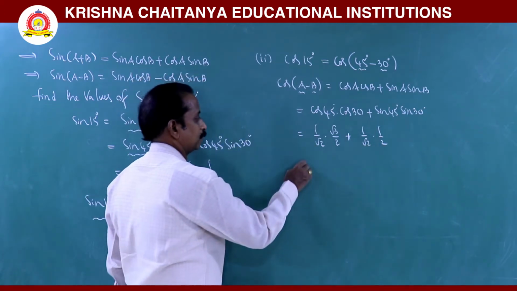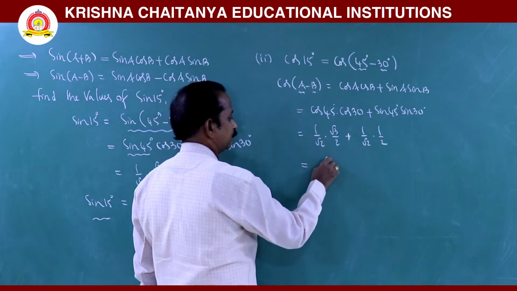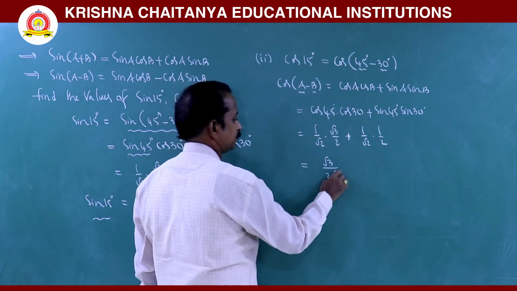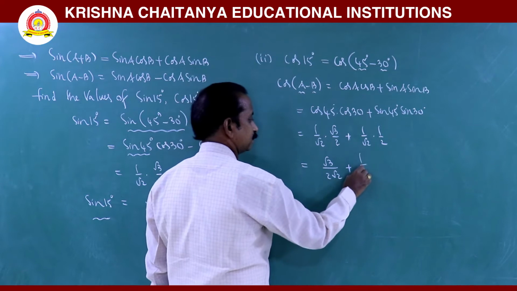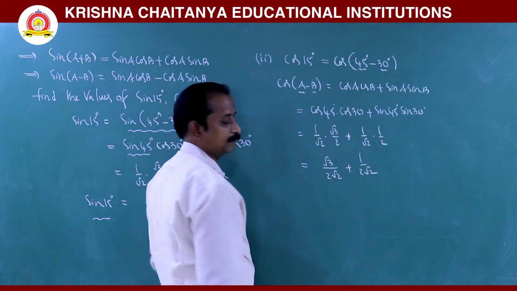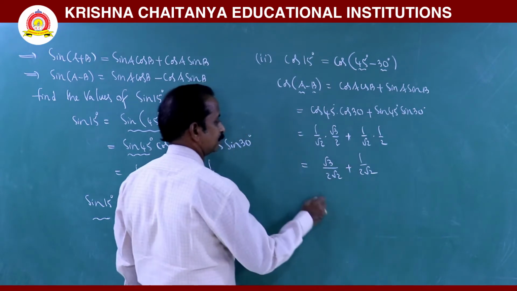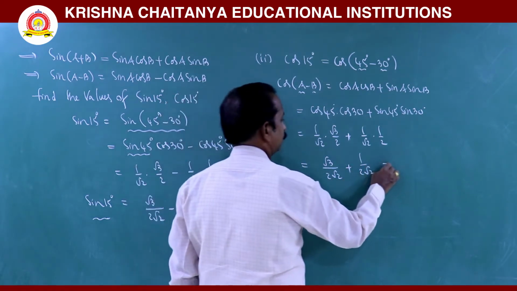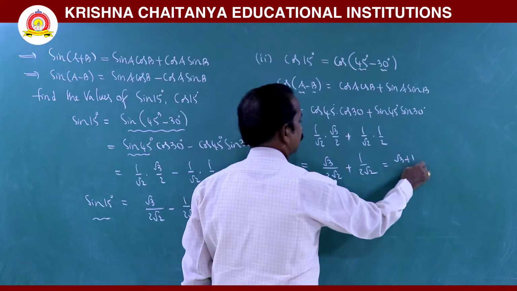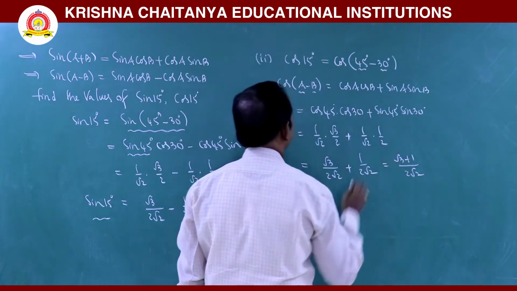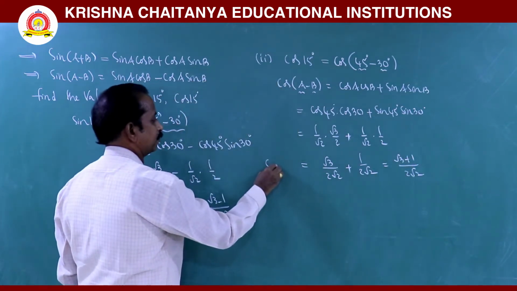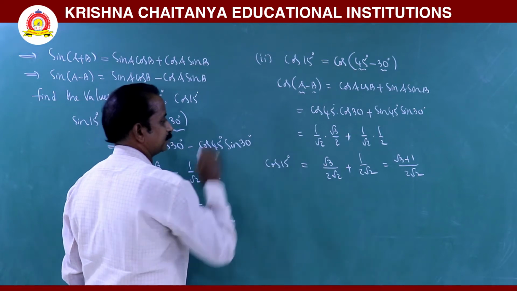Now 1 into root 3 by 2 root 2 plus 1 by 2 root 2. Denominators are equal, numerators are added. So therefore root 3 plus 1 by 2 root 2. This is the value of cos 15.